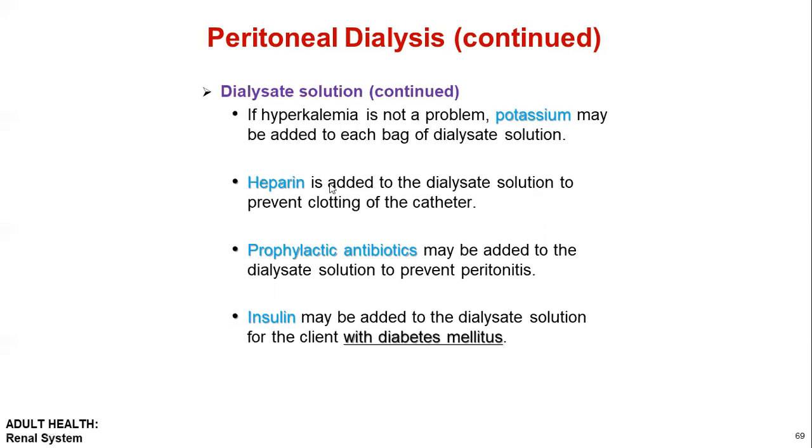Heparin is added to prevent clots. Some antibiotics may be added to prevent peritonitis, because during peritoneal dialysis the major and dangerous complication is peritonitis, or the risk of perforation.